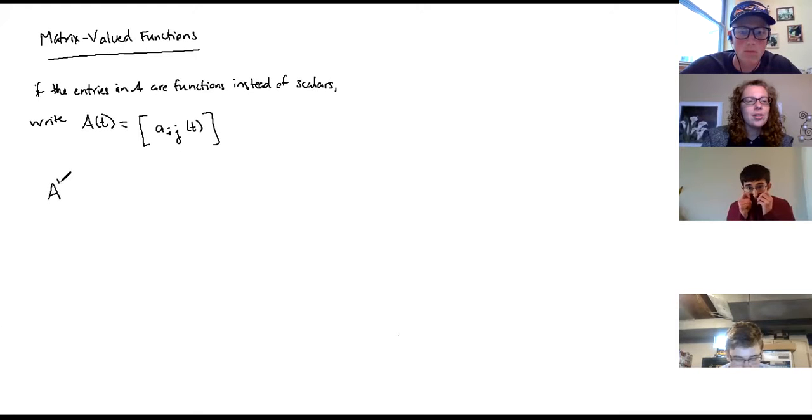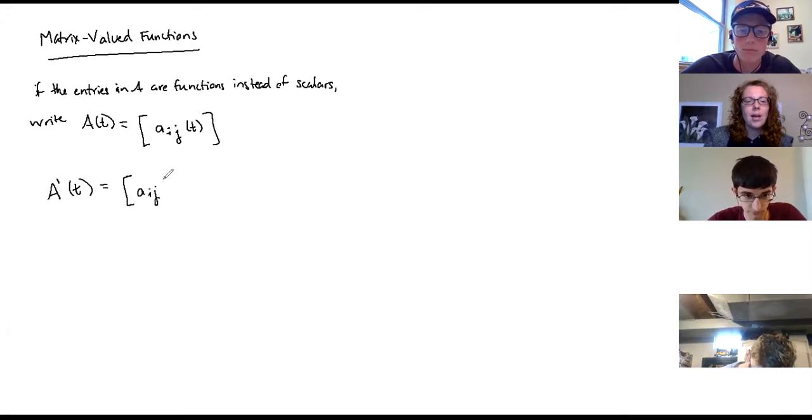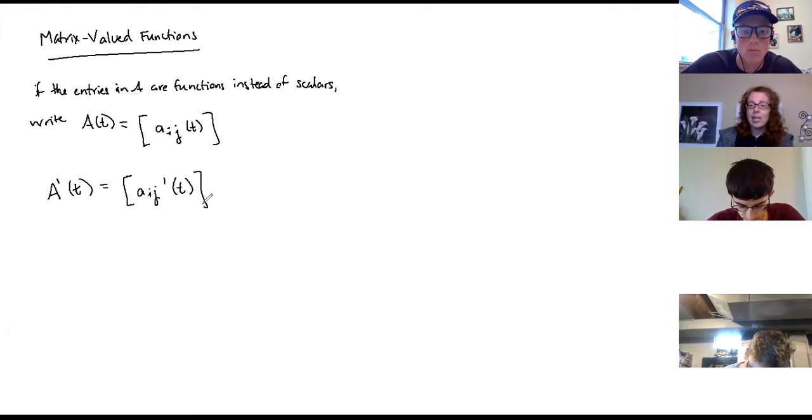And we can do the derivative of a matrix with functions. This is just the derivative of all of the little individual functions inside. So you just take the derivative component-wise like you would normally. You just take the derivative of all the functions inside of there.